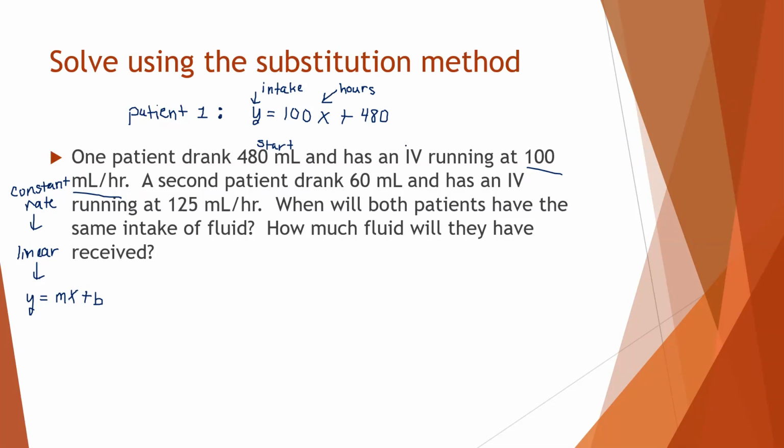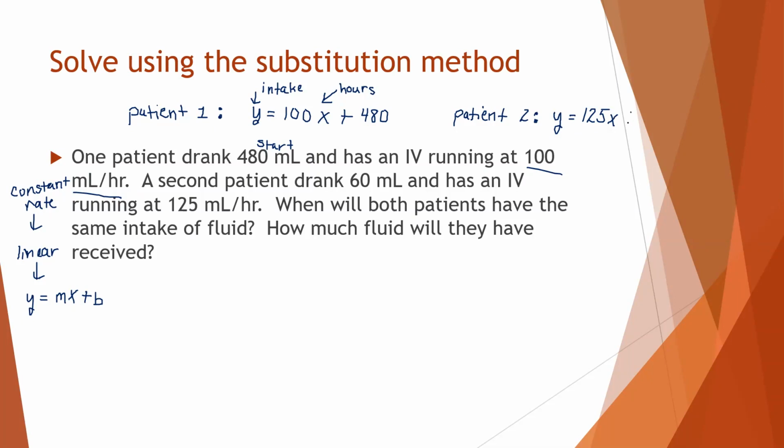I'm going to make a very similar equation for patient 2. Patient 2, the information given, had the same features, and so I'm going to use the same model. So my y, again, is representing the intake for this patient. They had their IV running at 125 milliliters per hour, so that is my constant rate, and I fill that in for m.